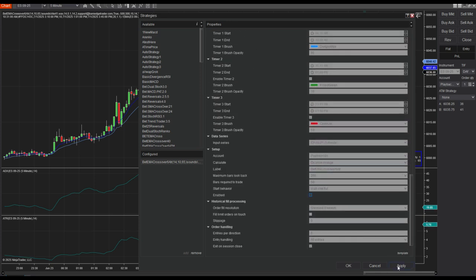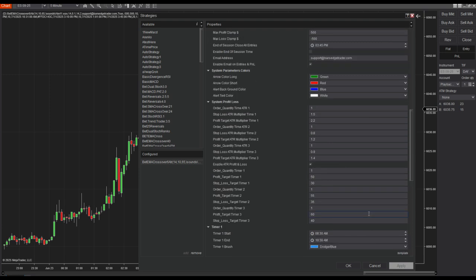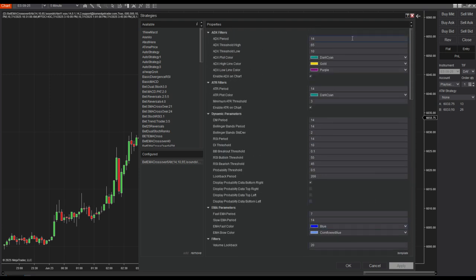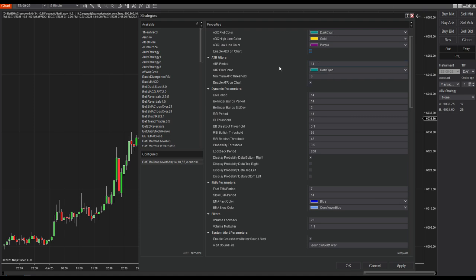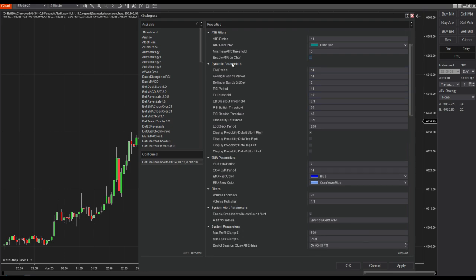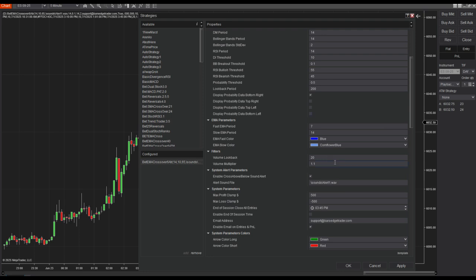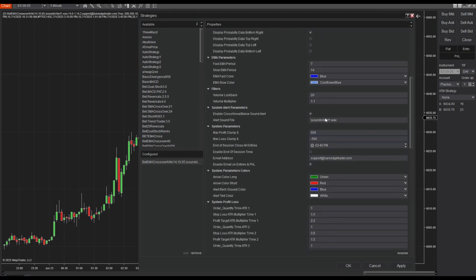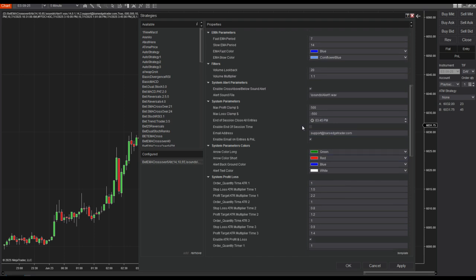there looks like an awful lot, but really we don't need to change much. If you're going to change any of the filters, you just change the low and the high of the ATR and ADX. The dynamic filters, really the only thing we would change is look back period and probability threshold. Change the EMA, fast and slow. Volume look back, we hardly ever change that.